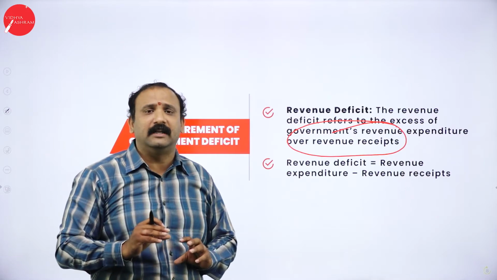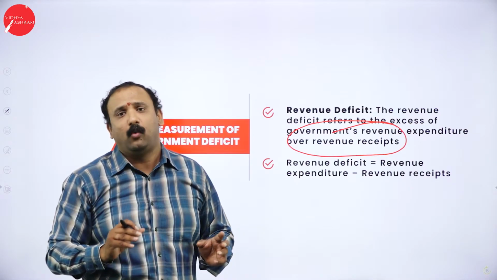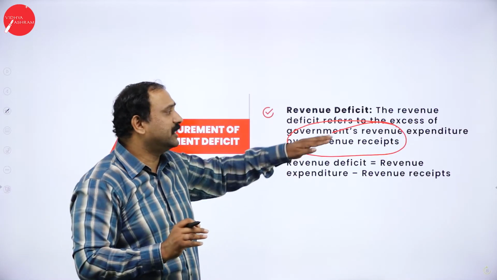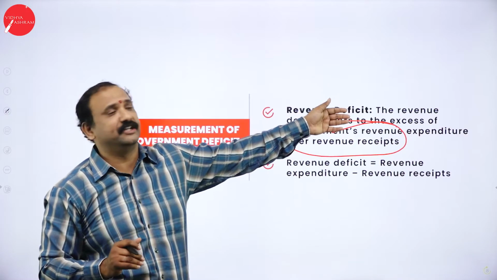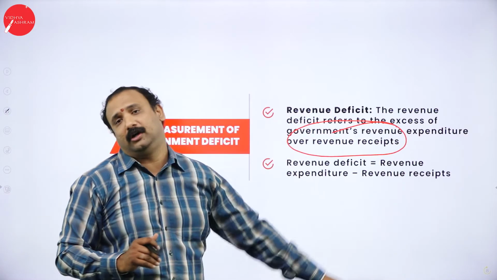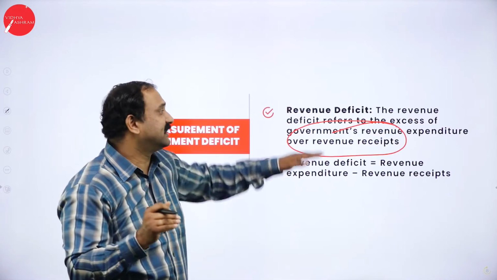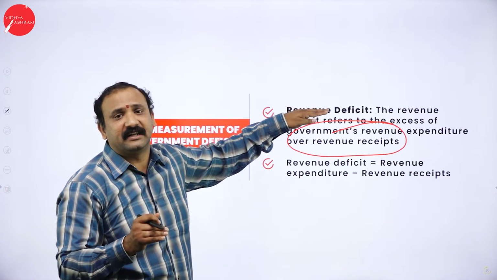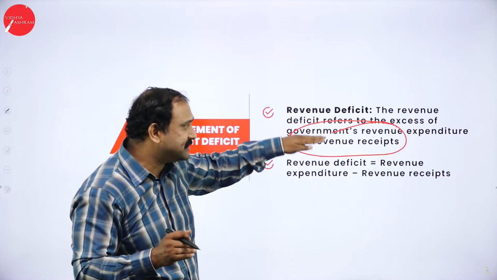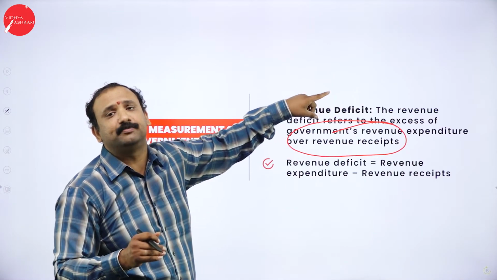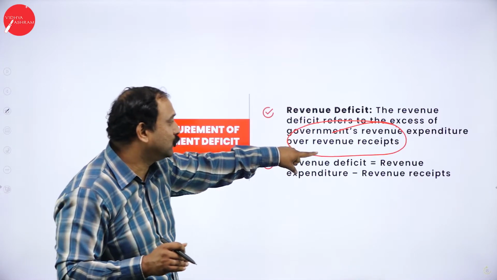Whatever money you have collected might not be enough, so you end up making more expenditure. If that is the case, then we call it a revenue deficit. It is in a deficit condition because your expenditure is higher when compared to the receipts.